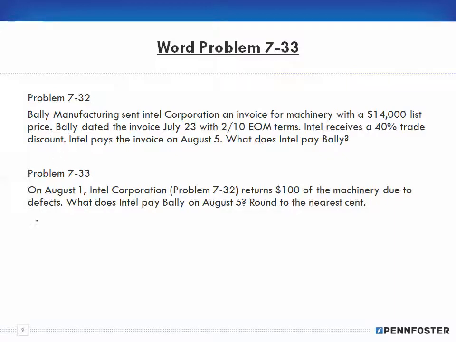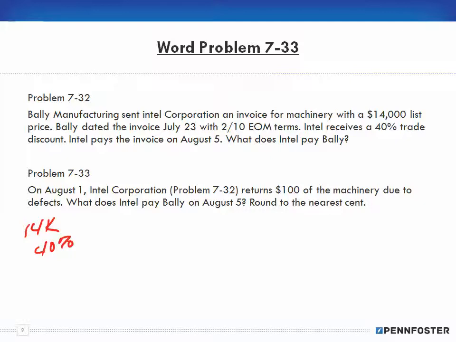Bally sends an invoice for $14,000. Intel receives a 40% trade discount of 14,000.